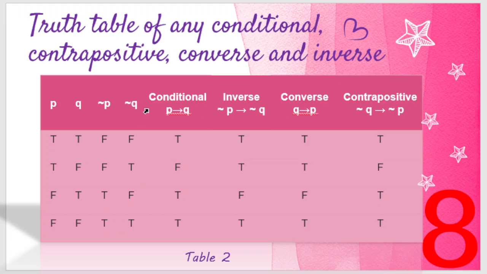So first, we get the truth value of the conditional. So we have here P implies Q. True implies true, so that is true. A true statement implies false, so that is false.